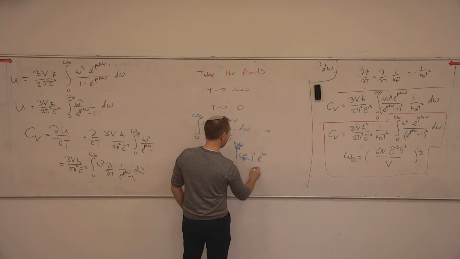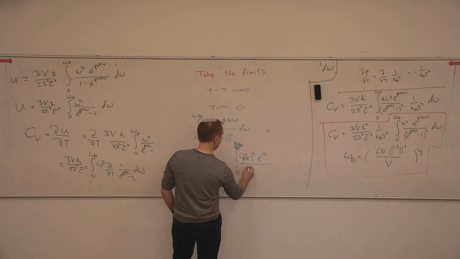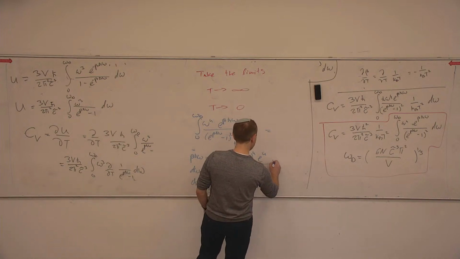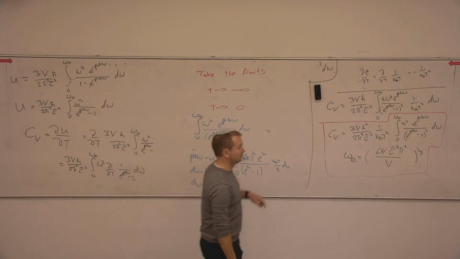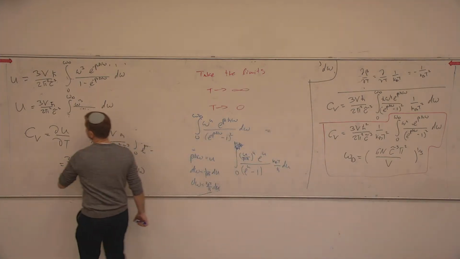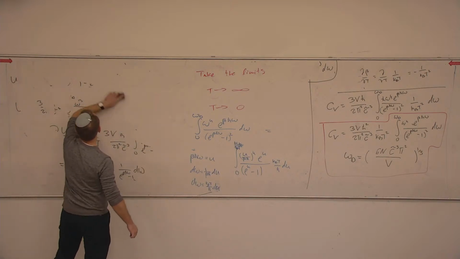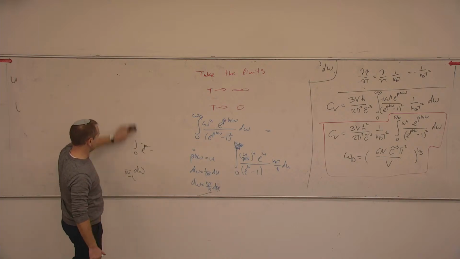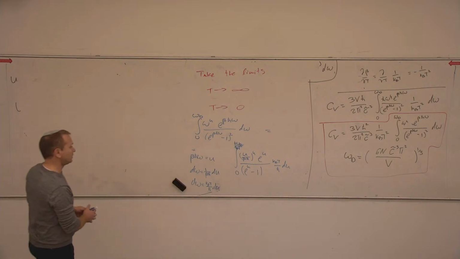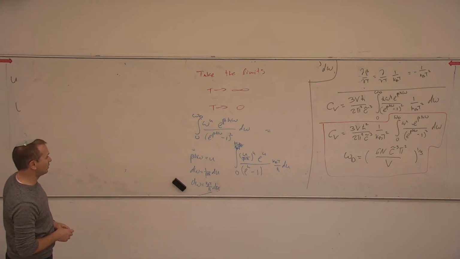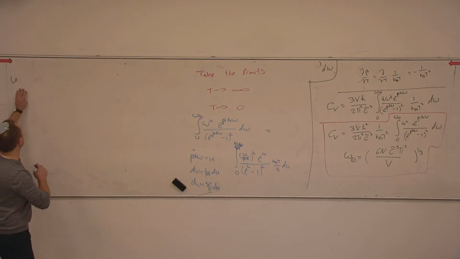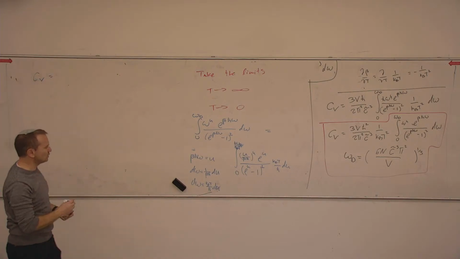I have e to the power u, over e to the power u minus 1, squared, and I have k Boltzmann T divided by h bar du.